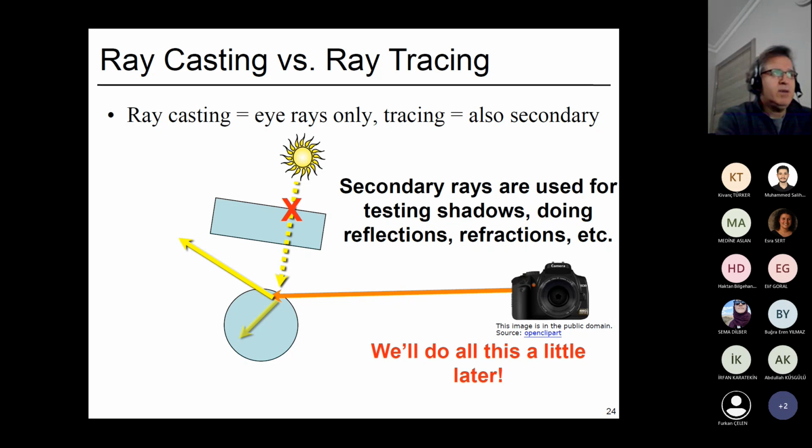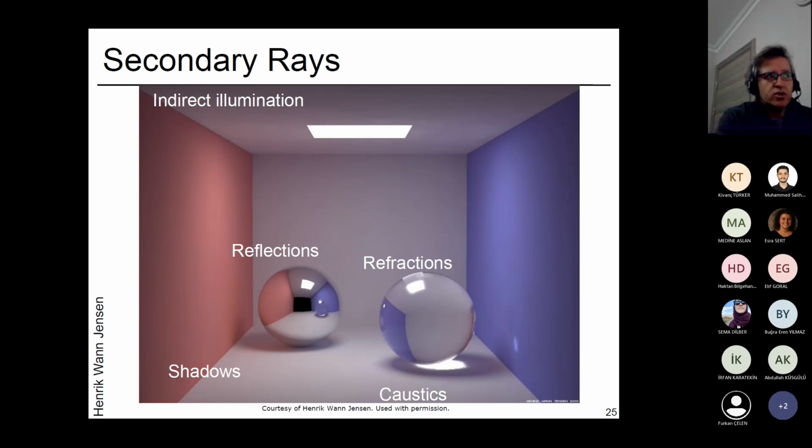So for the time being, we'll be dealing with ray casting only, but ray tracing will help us do a lot of other fancy stuff with rendering, like finding indirect illumination, reflections, refractions, what are called caustics, and shadows. You see here, for example, there is a shadow of this object, and this object's shadow which is coming from here.